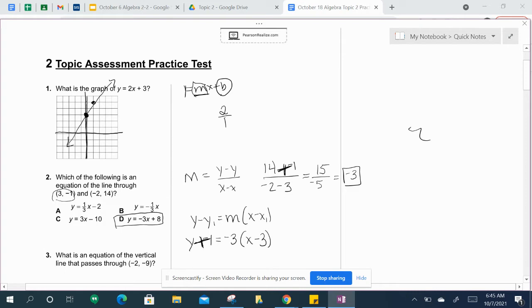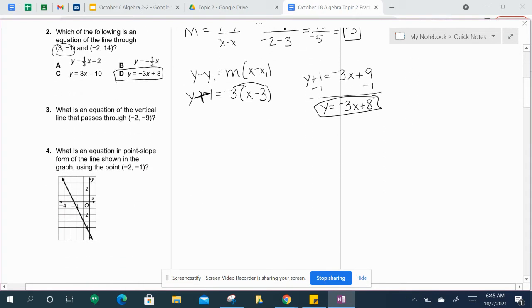Cleaning up that double negative again and then distributing, I end up with y plus 1 is equal to -3x plus 9. And then subtracting 1 on each side, I do in fact end up with -3x plus 8. So now I feel even more confident that D is the correct answer.